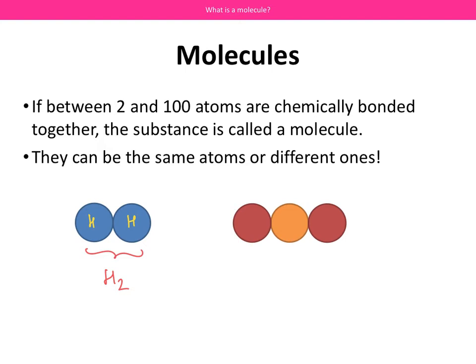If we look at the one on the right, it could be that the orange is carbon and the red are oxygen, and so what we would have there is the molecule carbon dioxide, or CO2.